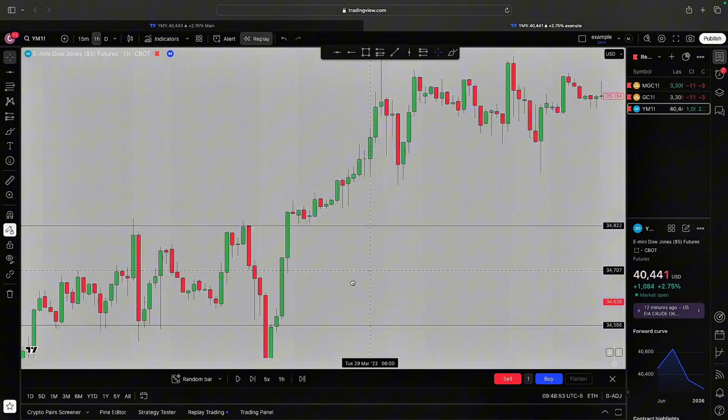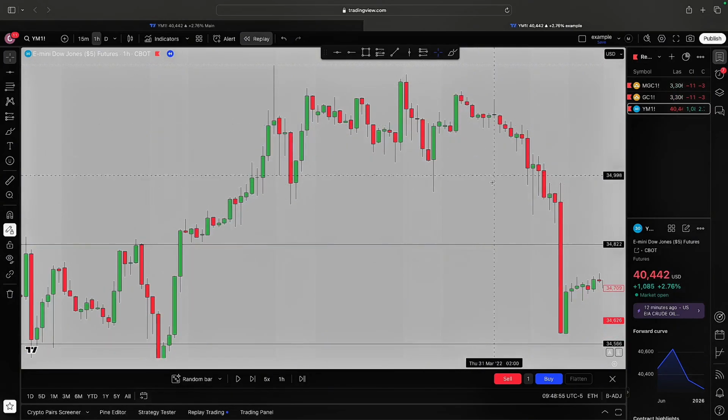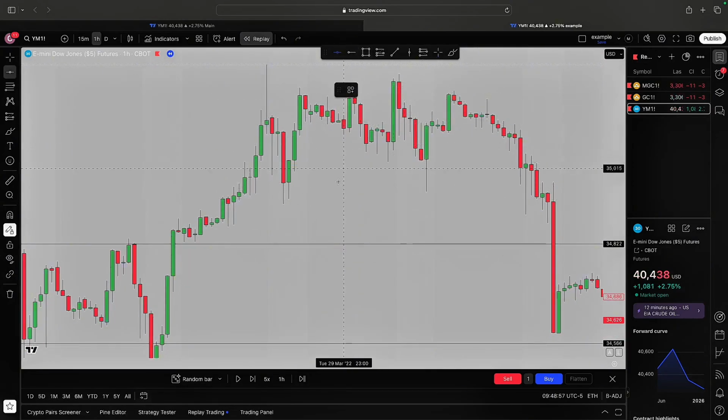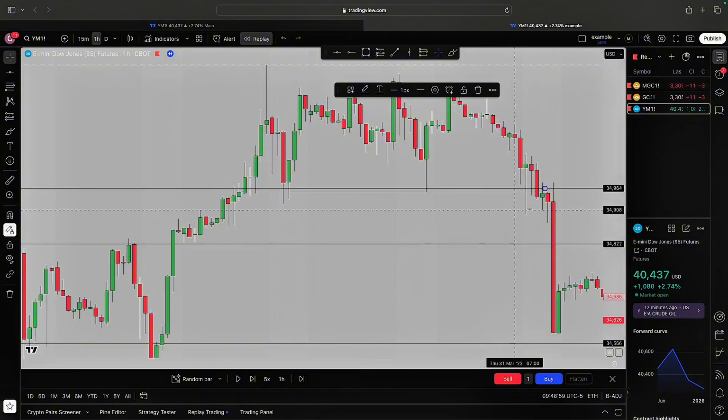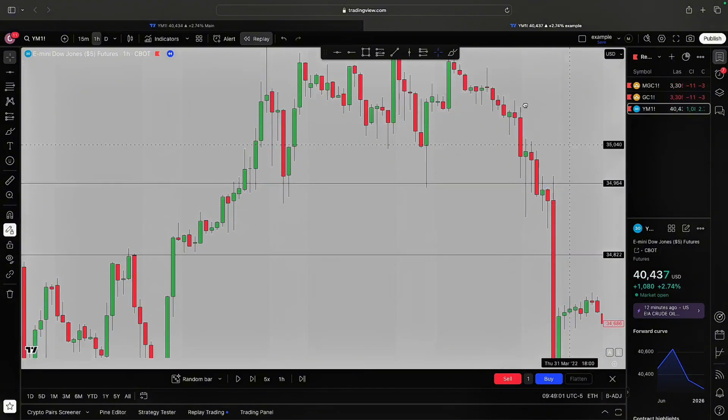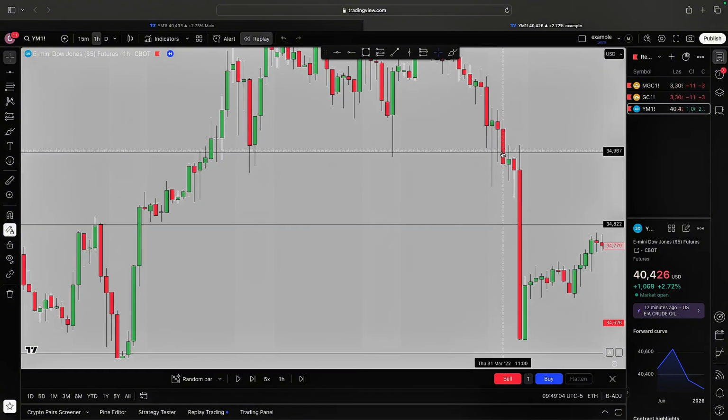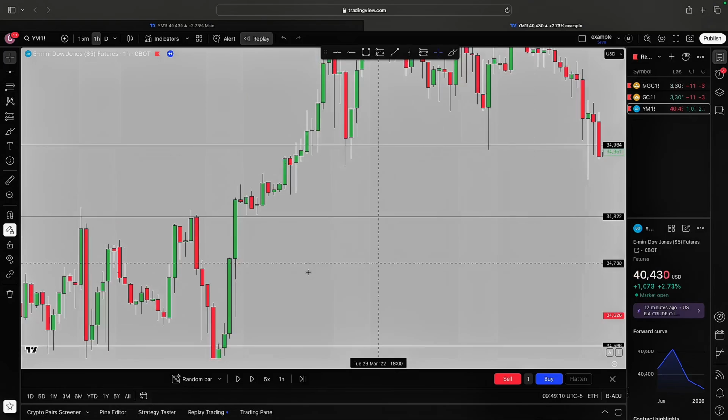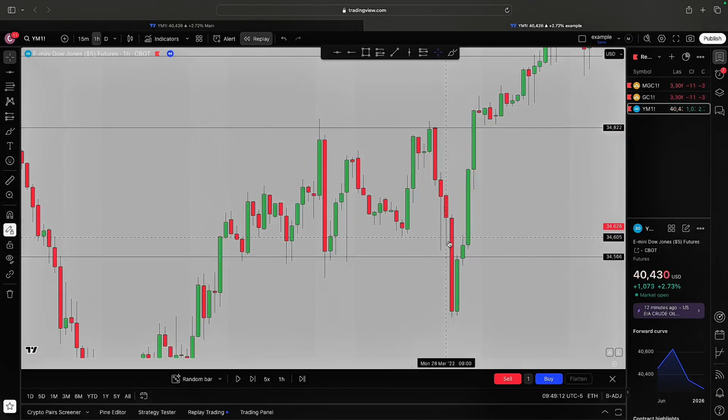Now we just saw up here that we have the bearish candle break, the retest, and the bearish continuation, and we're going down. Here we have the bearish candle break, the retest, but we have a bullish candle back into the support.